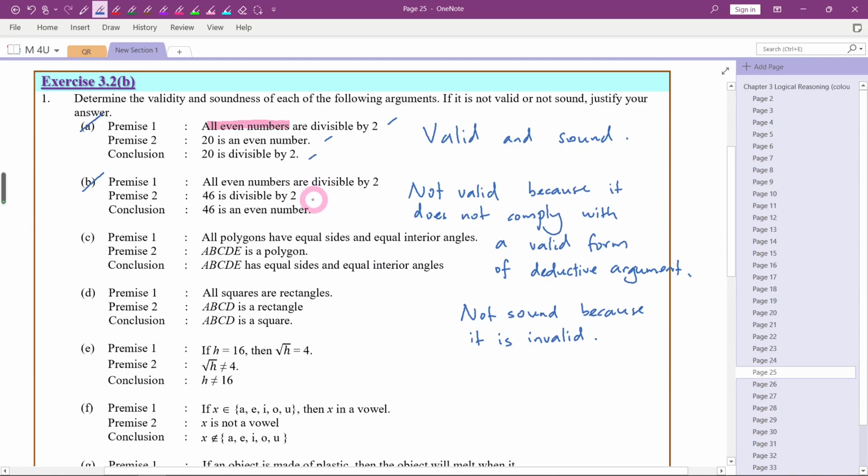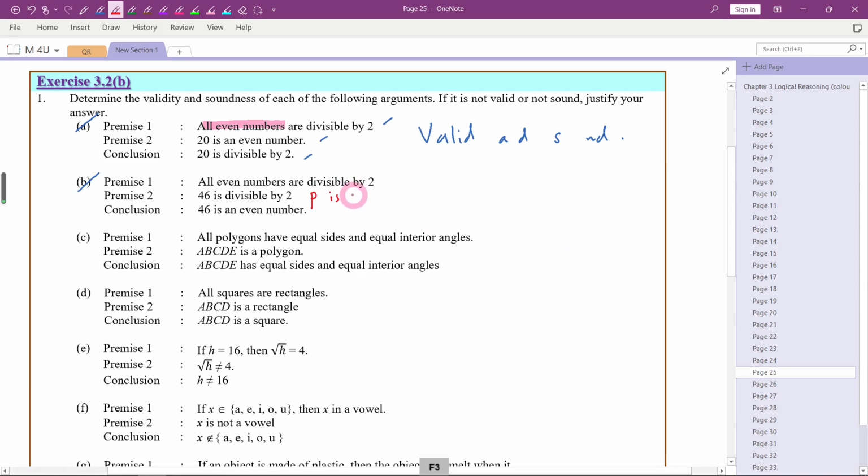Okay, so if I want to change the premise so that it becomes valid, what should I do? I can write this way. 46 is an even number. Then the conclusion will be 46 can be divided by 2, which is this one. Or I can say another way. Let's say P is not divisible by 2.